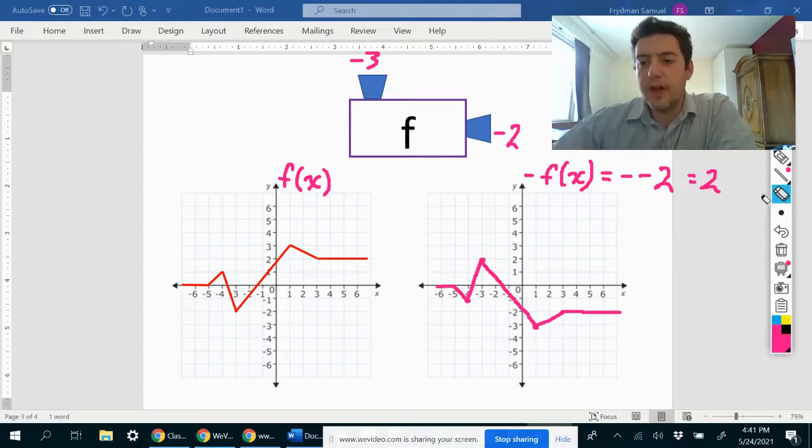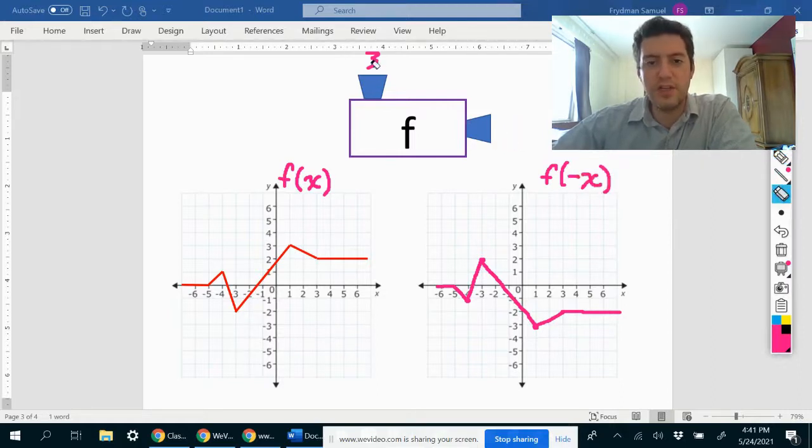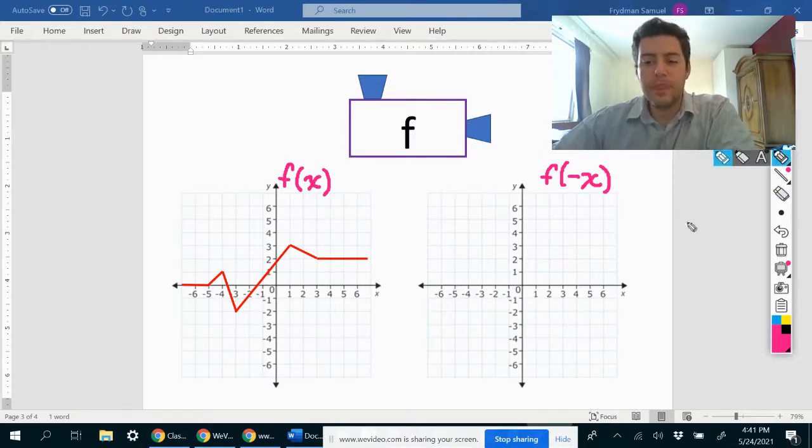Now let's see what happens if we do this. This is not the same as what we just did. Now, we're not taking the x value and putting it directly into the function machine. Now what we're doing is we're taking the opposite of that x value and putting that into the function machine.